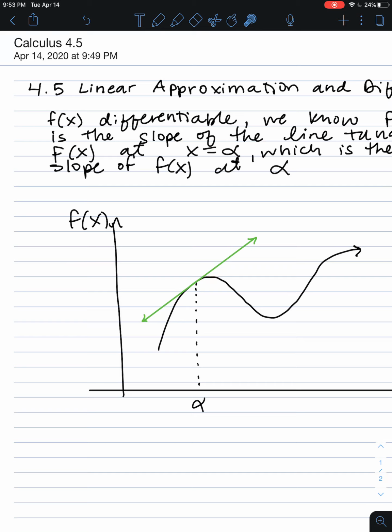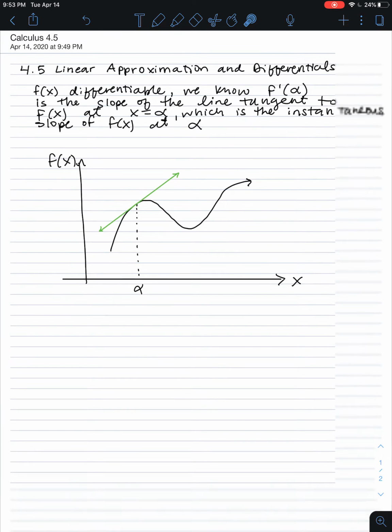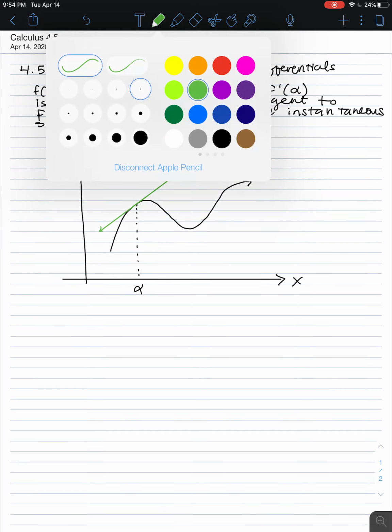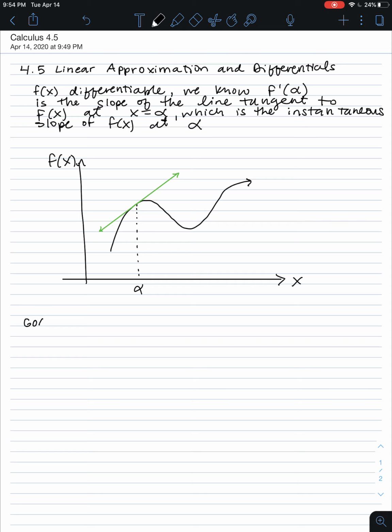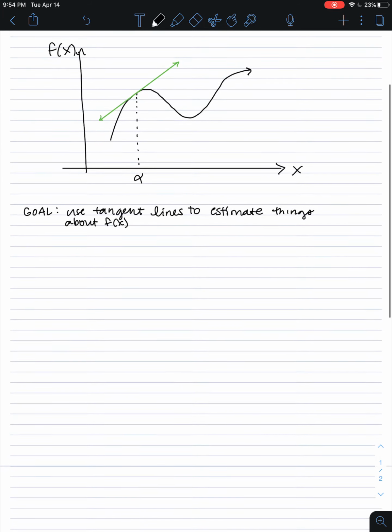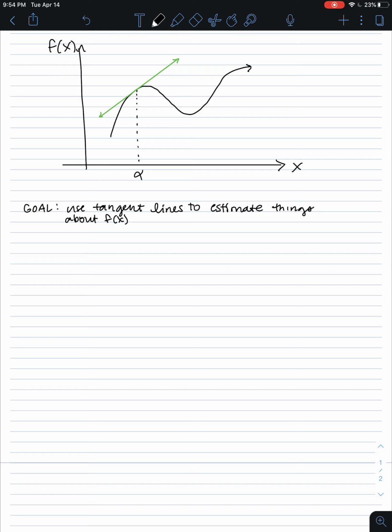So what we're actually going to be doing is using the tangent line to estimate values on our function. So that's our goal. And this is called a linear approximation because a tangent line is a line.